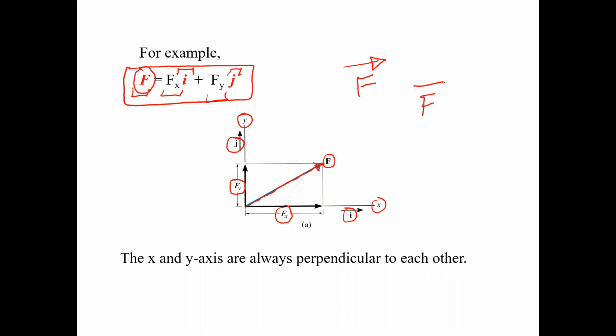The x and y axes are always perpendicular to each other. We already know that, right? We know that x, y, and z axes are in 3D space, and in 2D space we have x and y axes, and they are perpendicular to each other. All right. So that's how we resolve a force vector F into its components, Fx and Fy.